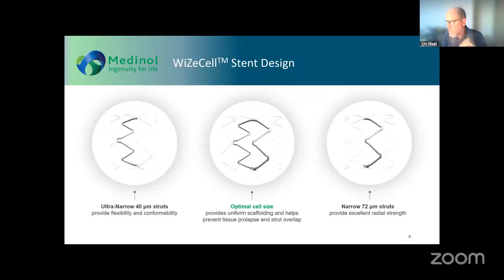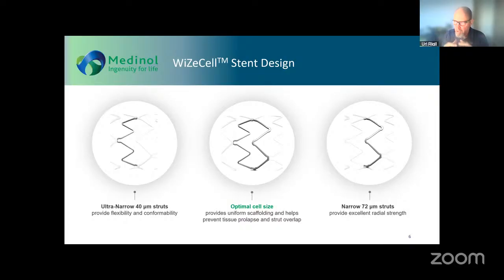First, I would like to talk about our unique design. We're the only stent in the market that has alternating strut thickness. We have one strut that is 40 microns that is responsible for the flexibility and conformability of the stent, whereas the other strut is 72 microns that is providing the radial strength.